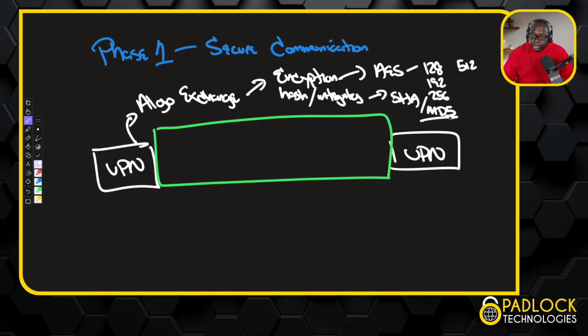What that basically means is if you put two pieces of data in a hashing algorithm or integrity algorithm, they should have two different hashes. A collision attack is basically where I take two pieces of data, put them in the same hashing algo, and they come up with the same hash. That should not happen. If I have 1, 2, 3, 4, 5, 6, and then I put 1, 2, 3, 4, 5, 6, 7, it should be a different hash.